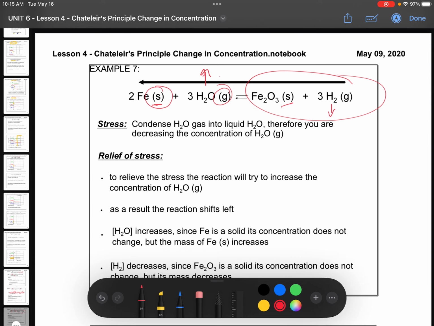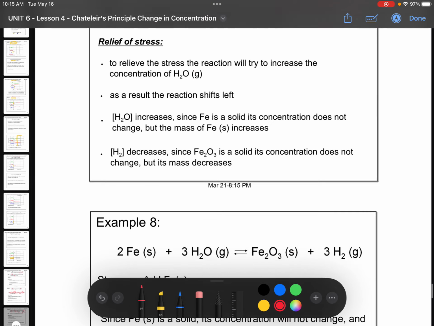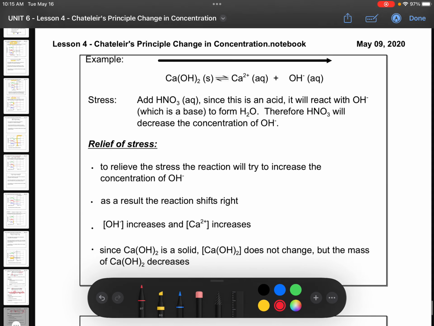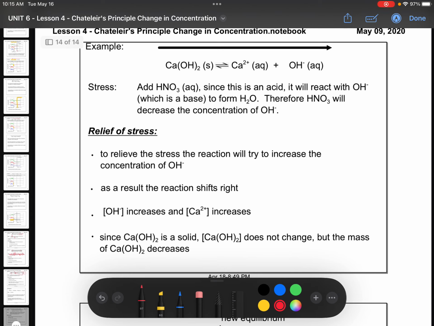So our reactions will only shift if there's a concentration change. If we look at solids and liquids, it's not going to change, but in the previous example we looked at gases, and these were changing, so we can have a concentration moving left or right. If we're looking specifically at solids, if we're adding more or less, we are not going to shift because the equilibrium stays the same.